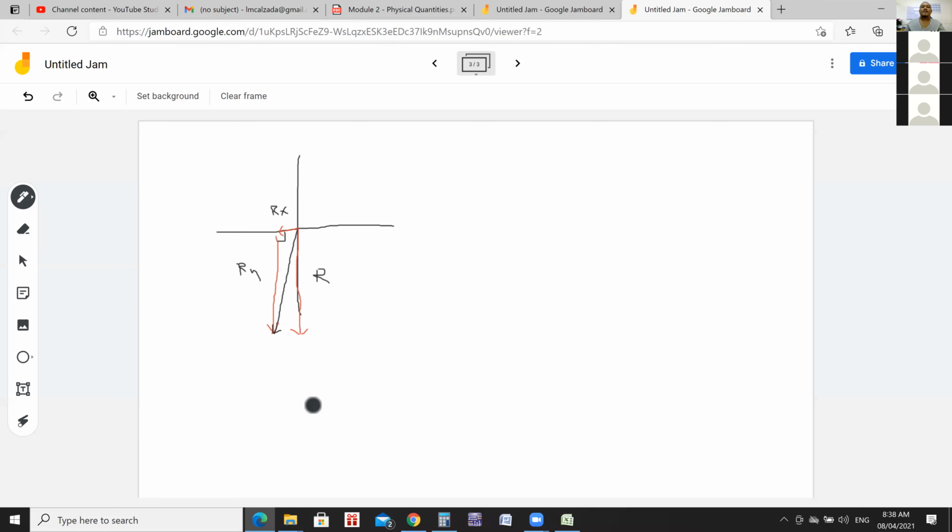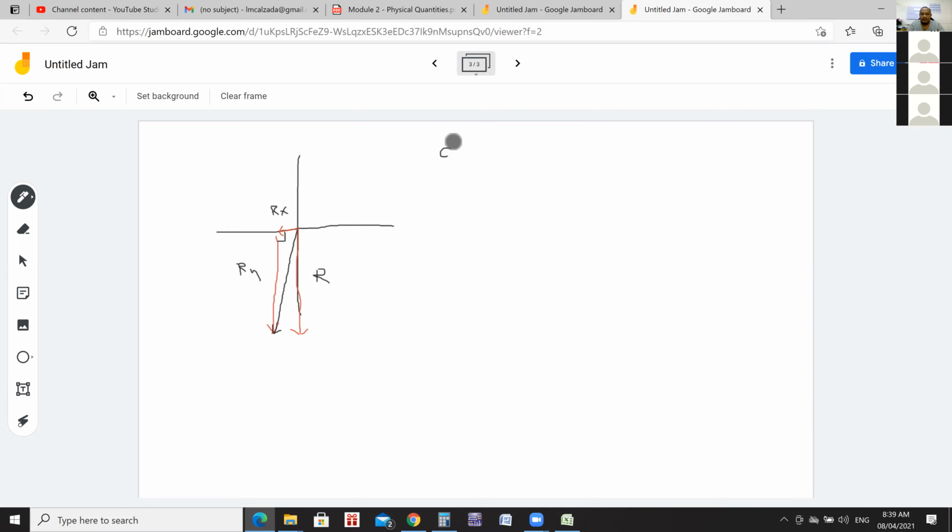Now since they are perpendicular, we can apply the laws of right triangle, which is what we call, do you still remember? The one invented by Pythagoras? The Pythagorean theorem, wherein it states that the square of the hypotenuse is just equal to the sum of the squares of the sides.